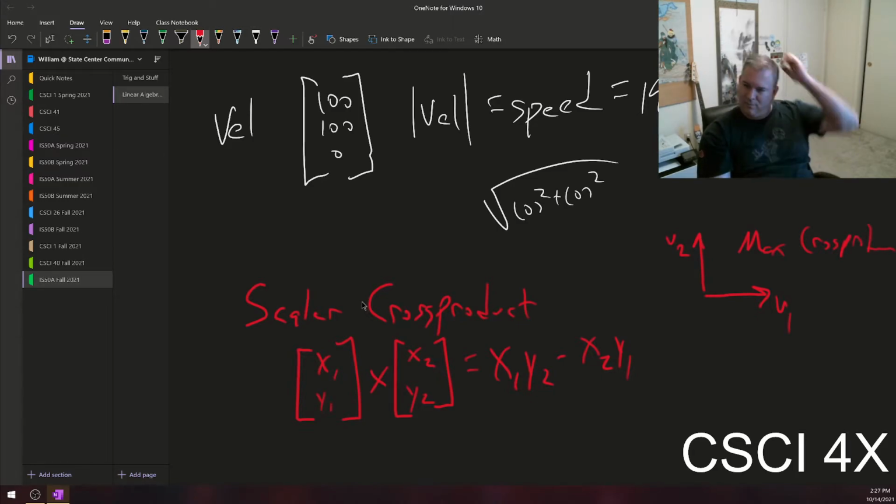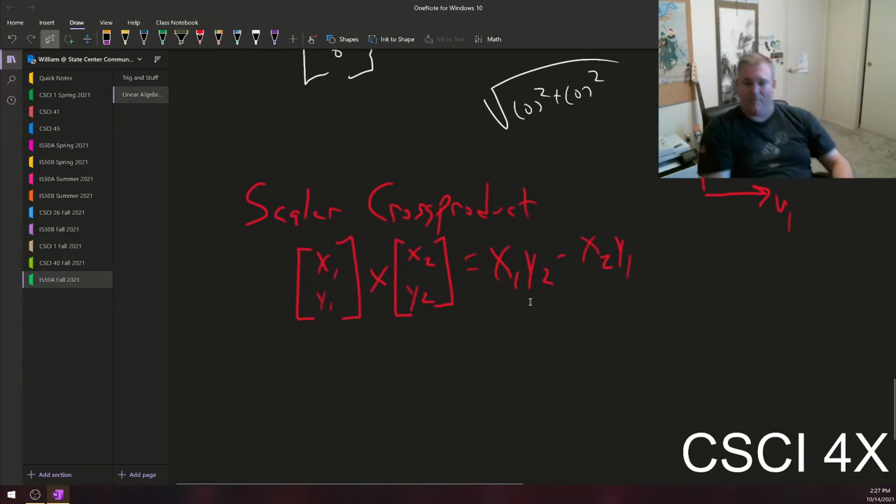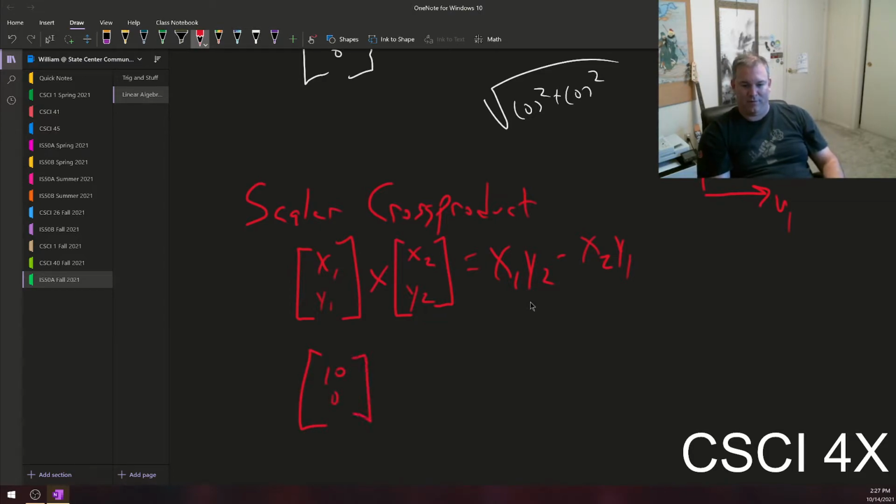So what is the minimum then? The minimum is when they're facing the same way. If these two vectors are exactly the same, if for example we cross product 10, 0 with 10, 0, we end up getting 0 minus 0, which is 0.